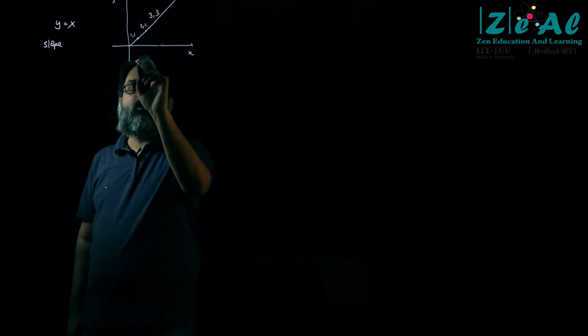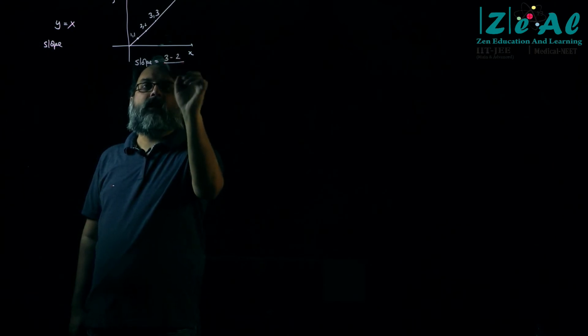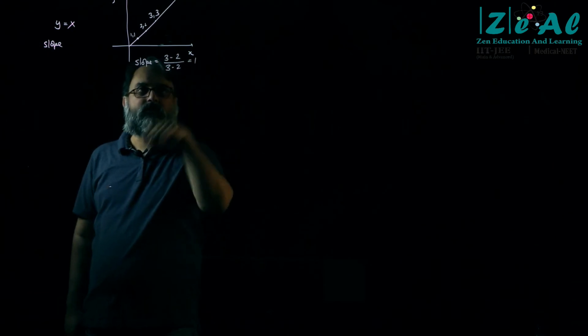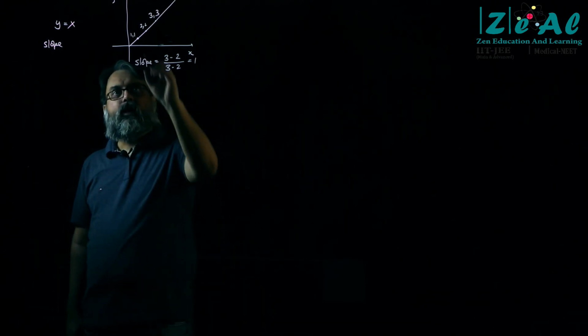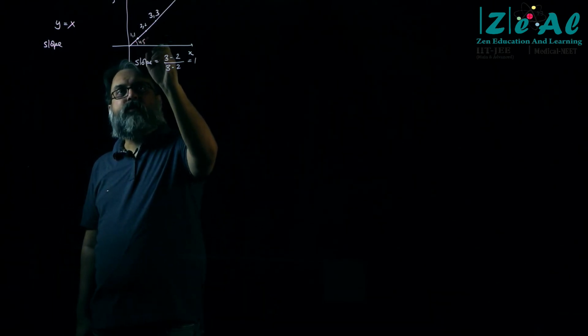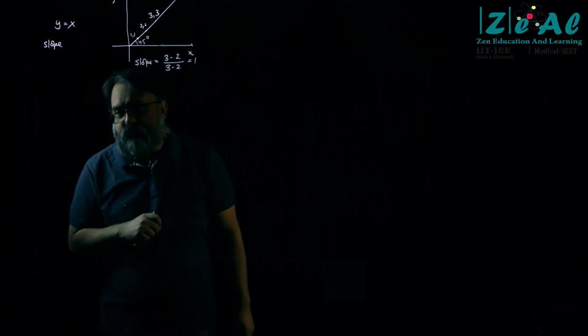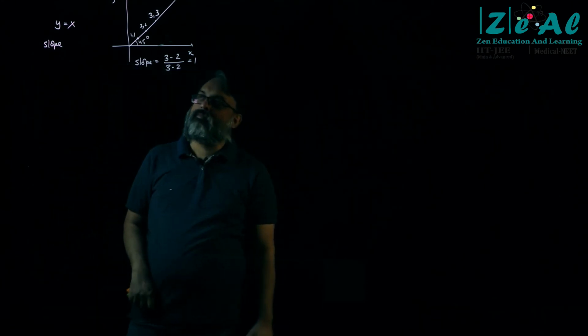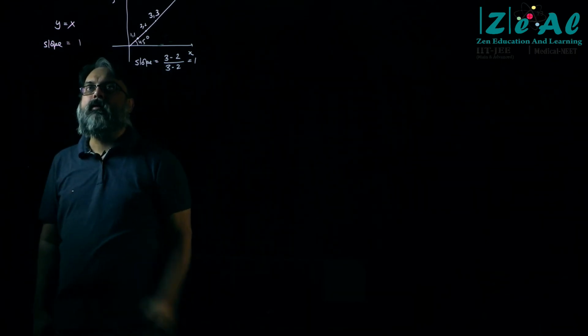So the slope is simply equal to y2 minus y1 upon x2 minus x1, which is 1, right? Basically, this makes an angle of 45 degrees. So tan 45, if you remember from your class 9th and 10th, is 1. So y is equal to x, the slope is equal to 1.